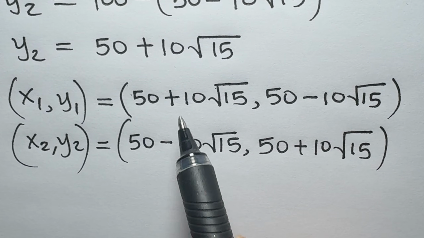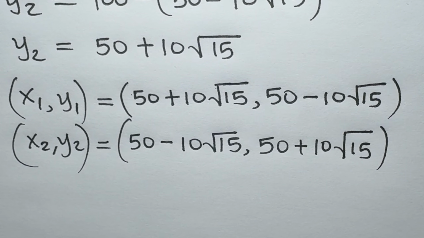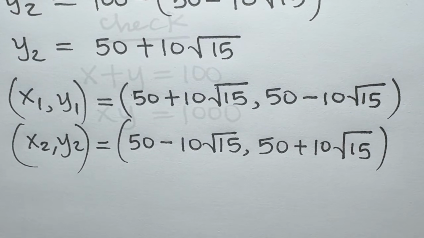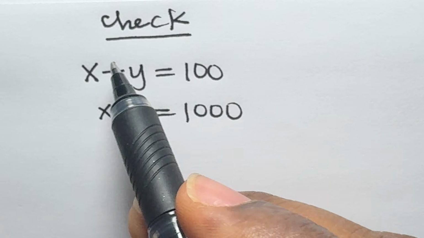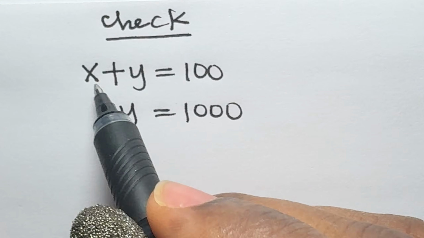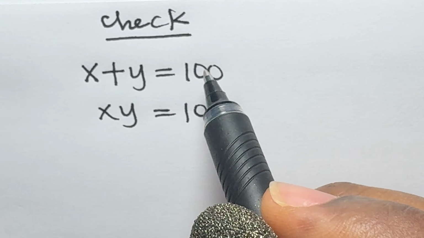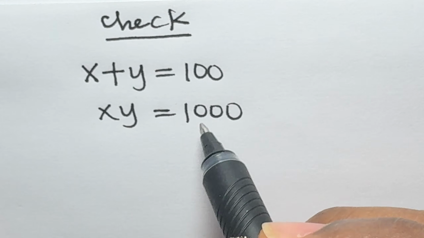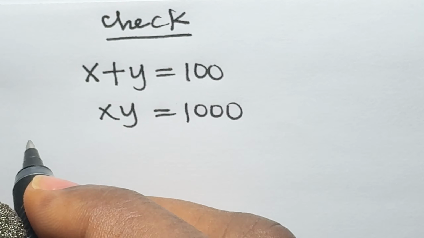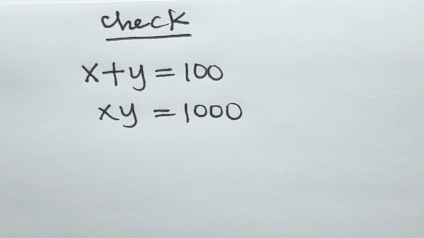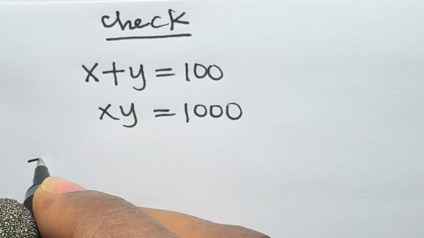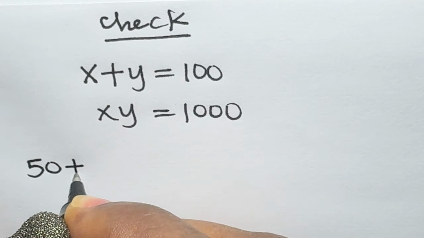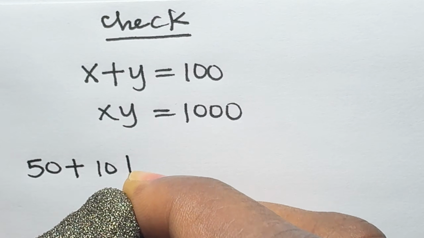Now we are going to check. We can use either of them to check if our solutions are correct. So to check that our solution is correct, we need to put those values into this equation. The left-hand side of each equation must be the same as the right-hand side. So, since I said we can use either x1, y1 or x2, y2, x is now going to be 50 plus 10 root 15.